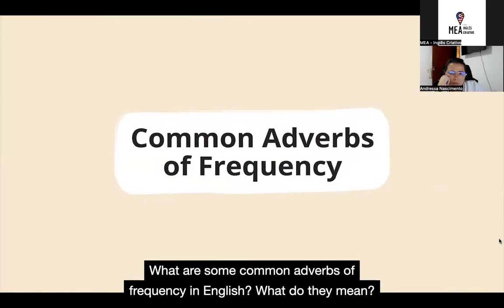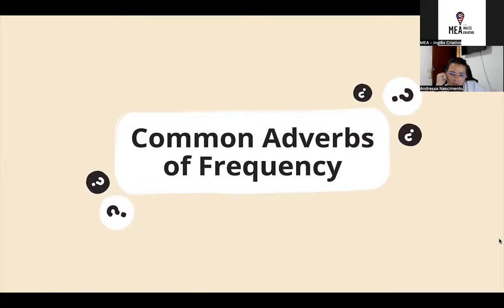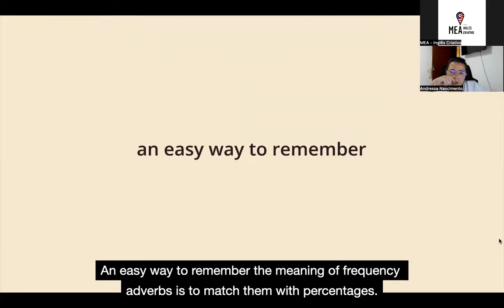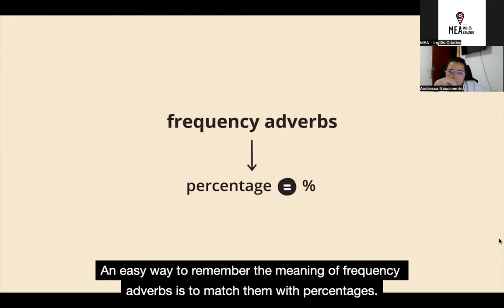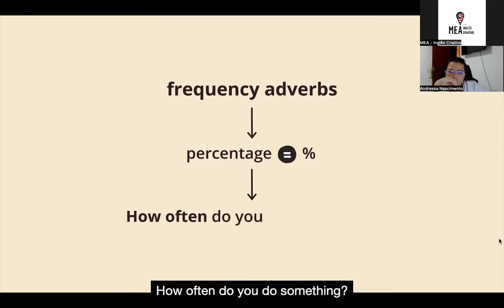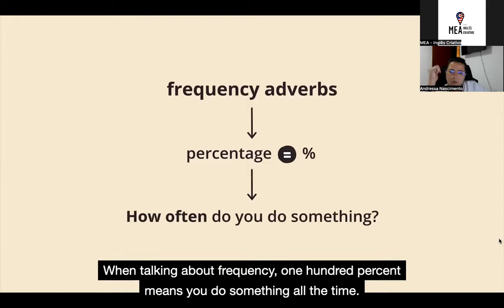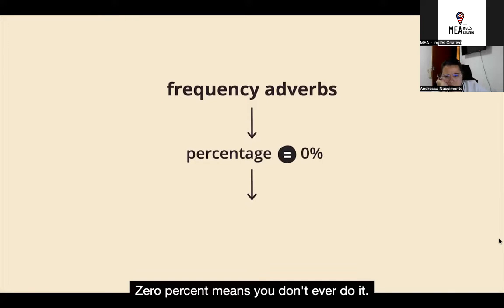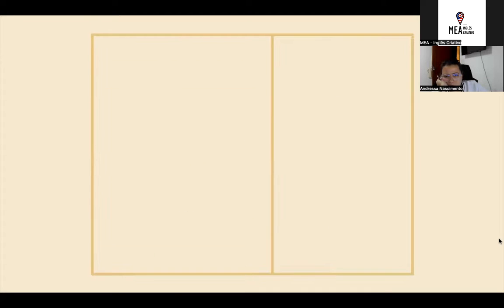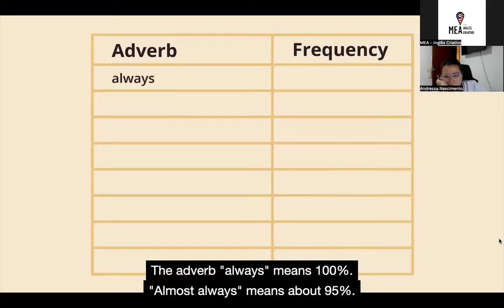What are some common adverbs of frequency in English? What do they mean? An easy way to remember the meaning of frequency adverbs is to match them with percentages. How often do you do something? When talking about frequency, 100% means you do something all the time. 0% means you don't ever do it. The adverb always means 100%.